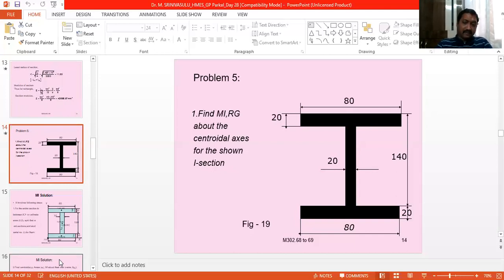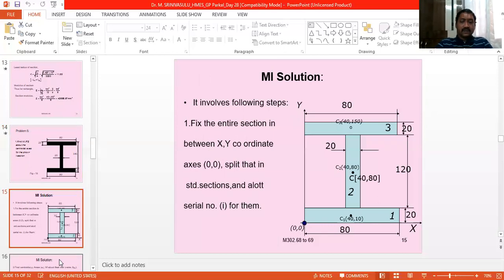So first of all we will go to the solution part. Now first we will write down the solution for the moment of inertia, that is called MI solution. Here first of all we need to find out the centroid, because the given I section is symmetrical about the y axis.